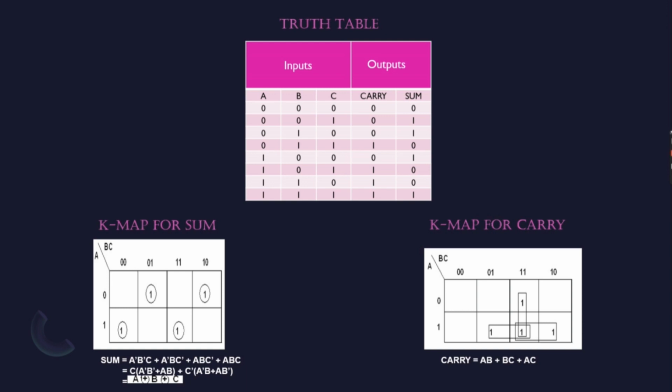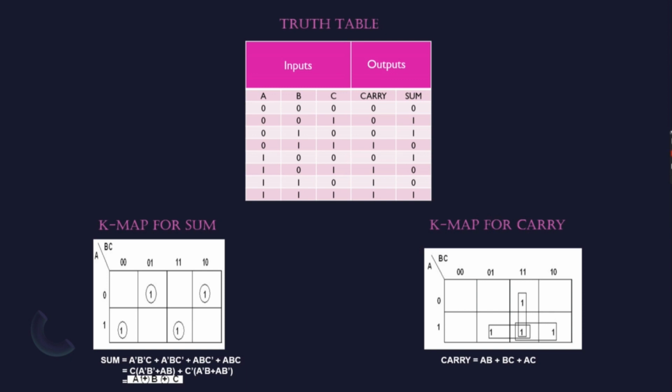Truth table for full adder. The 3 inputs A, B, C are given and the outputs carry and sum are given. And K-map for sum and carry are also given here.